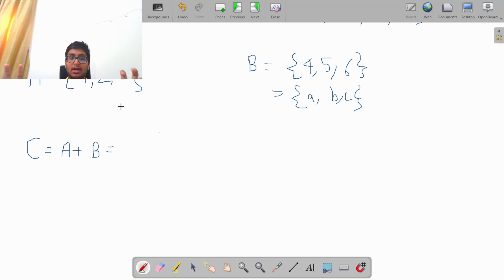When I say add, I don't mean adding numbers here. For example, I've made these three-element, or cardinality three, sets. One is A and one is B. And for now, let us take B to be A, B, C.